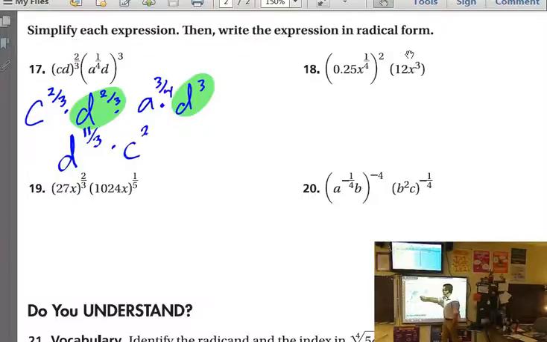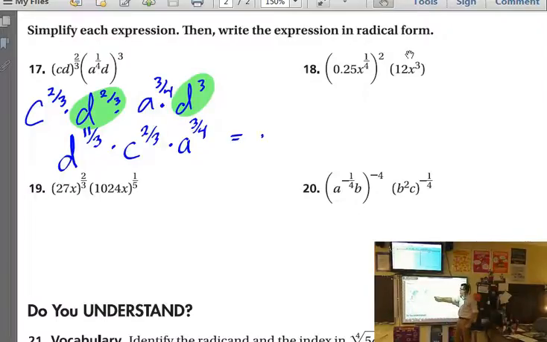C still has its 2/3, and A still has its 3/4. So now, if you want to clean it up, put it in radical form. The denominator tells you your root. The numerator tells you your power. A is not 2/3, it's 3/4.